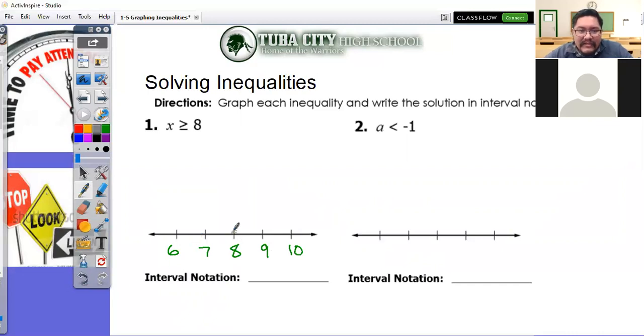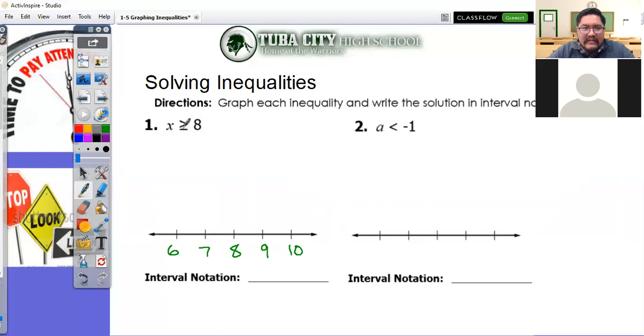Now, I'm also going to have to mark out 8. So look at the kind of inequality we have. We have x is greater than or equal to 8. Now you also read these from left to right. So going from left to right, first thing I read, just like reading a book, x is greater than, because that mouth is open towards the number that I just read, which in this case is x.